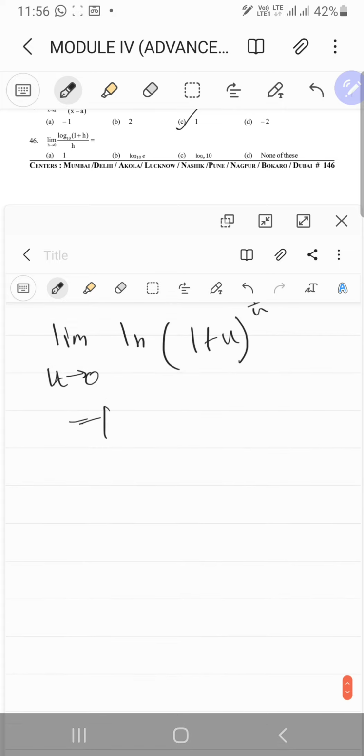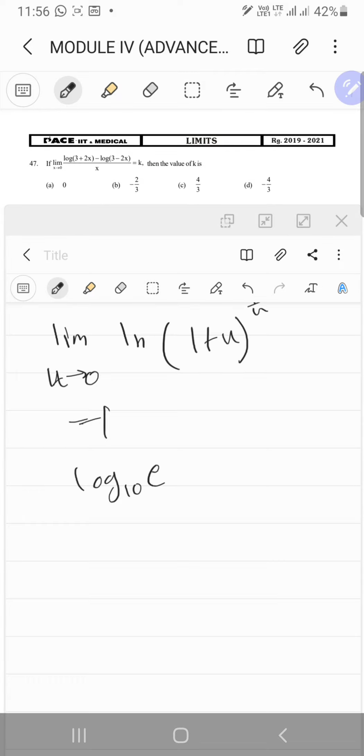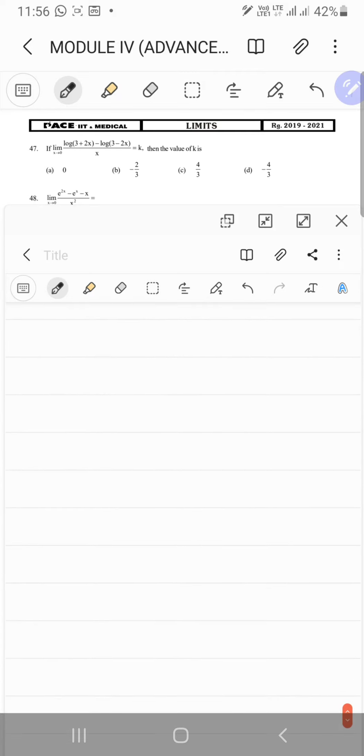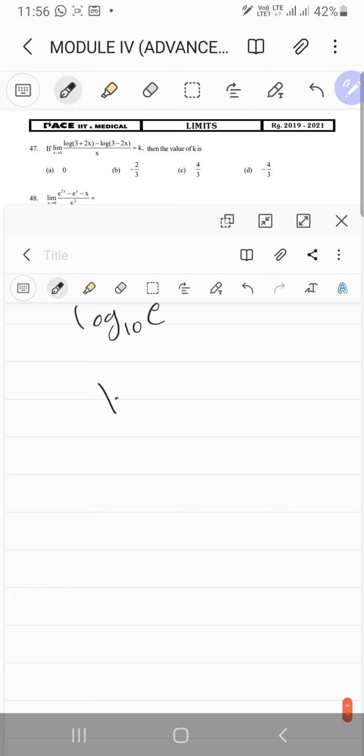Oh, that's weird. This is like log base 10 of e, isn't it? Yeah, that should be the answer. Wait a second. Just wait a second. Better now. Okay, so let's do it like this.